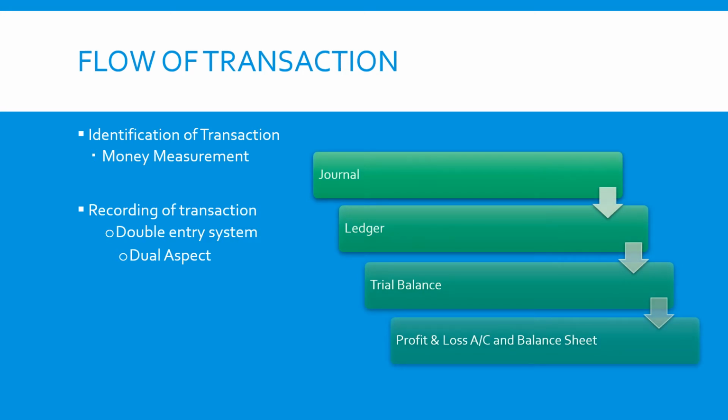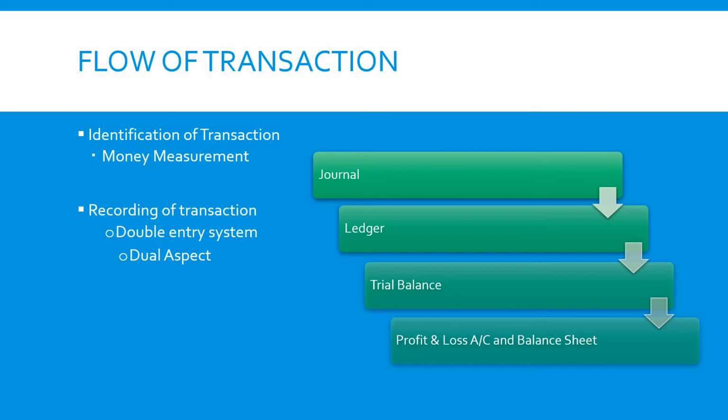So how does this flow normally? Every transaction travels through a journey which starts from the journal. When we record our transaction into the journal, that gets translated into the ledger, which moves into the trial balance. From there it goes to the profit and loss account and balance sheet.